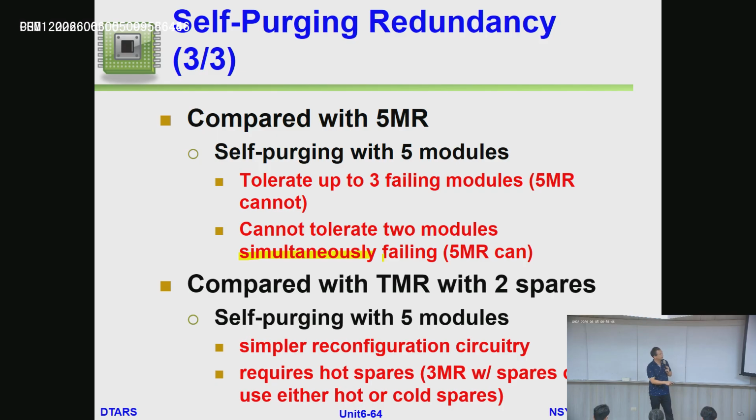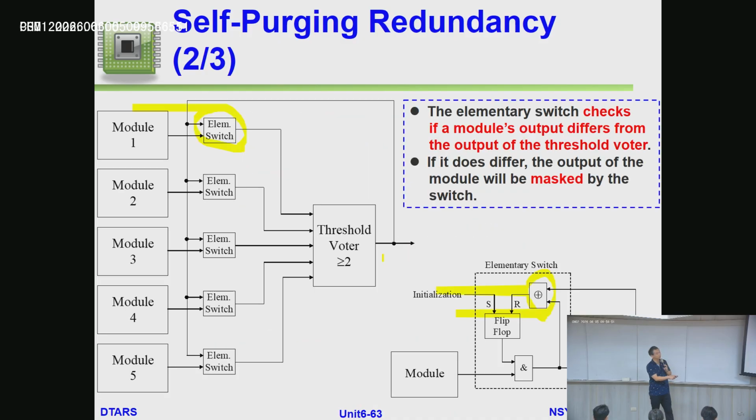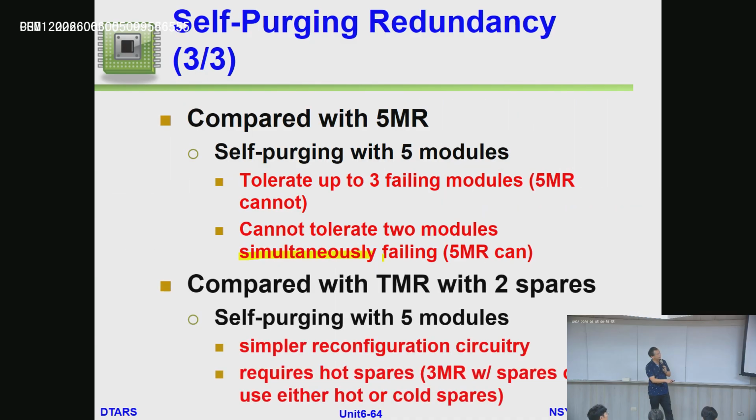And for self-purging with 5 modules, its reconfiguration circuitry is simpler. We just use this elementary switch. But for TMR with 2 spares, we need to switch to use the cold spares, and we also need some mechanism to power on the cold spares.